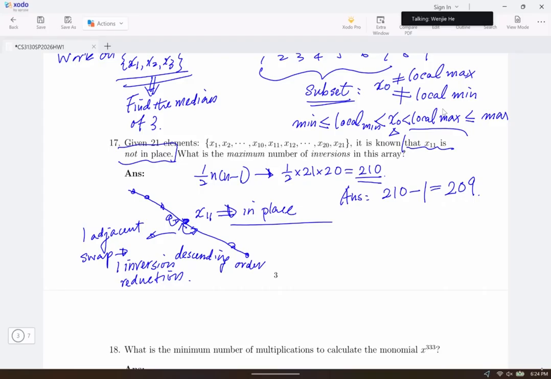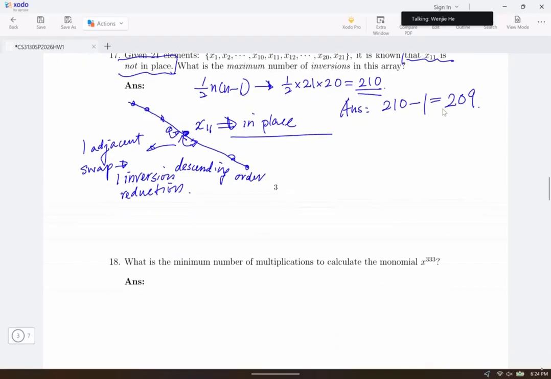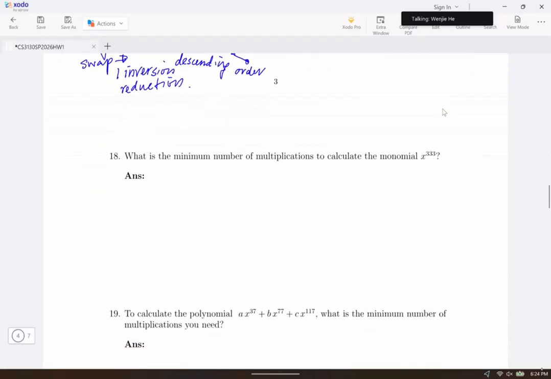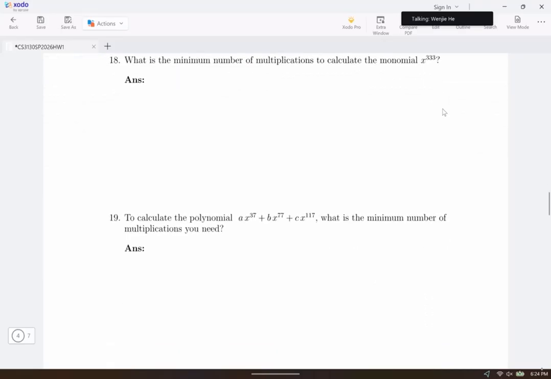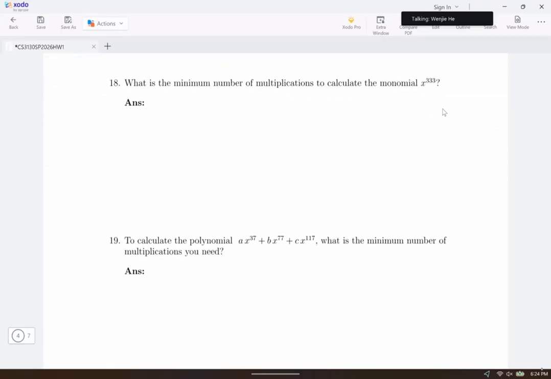So that's this question. But I need to move a little faster because I want to cover number 18 and number 19; just look at my solution. Actually, there are many different solutions. I saw some students got an answer different from mine, but still correct.